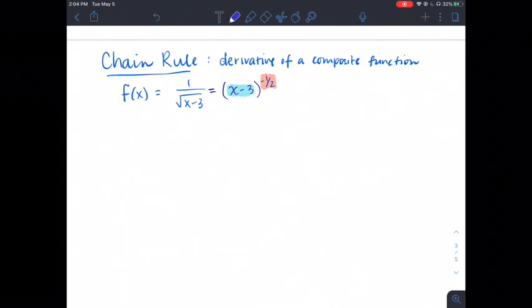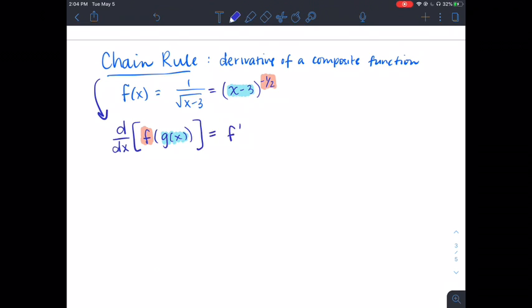The chain rule says if you want to take the derivative, d dx, of something like f of g of x, my inside function is g of x, my outside function is f. You're going to start by taking the derivative of the outside. If the outside's a power, you do the power rule.